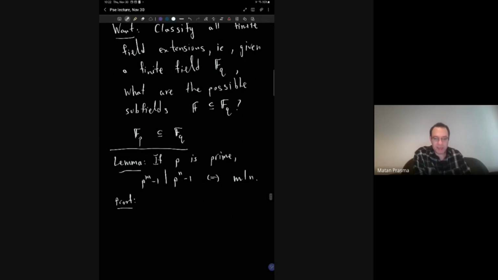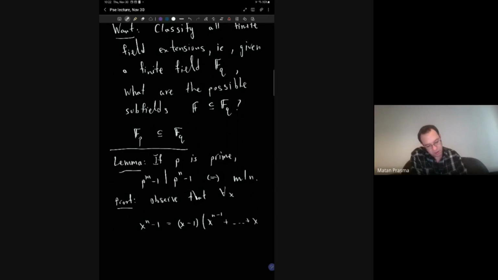The way to go about it is there is a famous identity, a polynomial identity. For any x, I can write x to the n minus 1 as x minus 1 times x to the n minus 1 plus, and so on, plus this term.